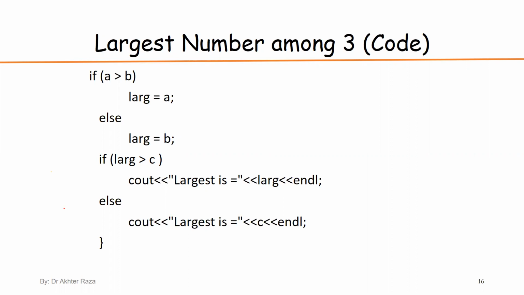Otherwise, C will be the largest. So this is the conditional logic by which we are checking which one of the 3 is largest.